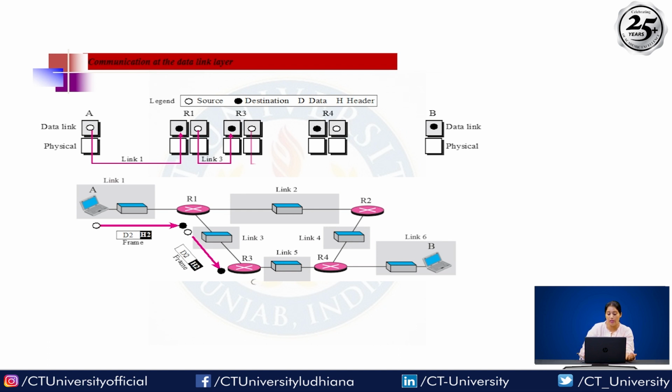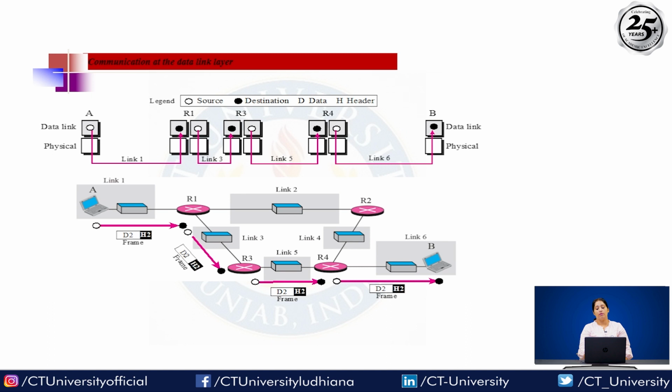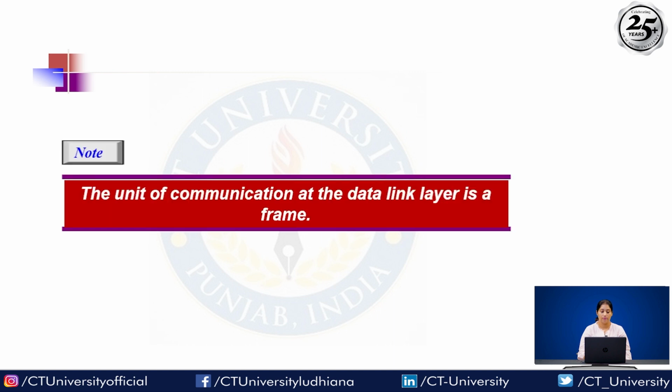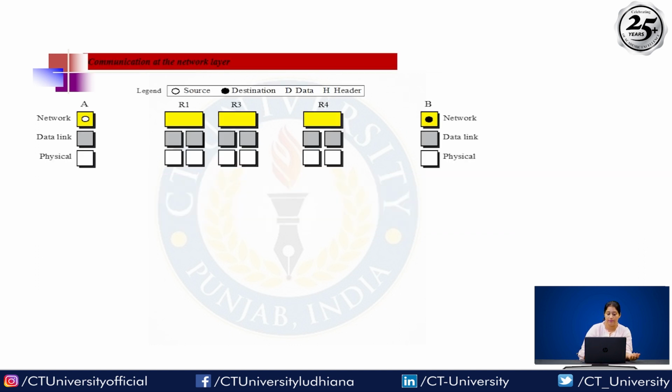It moves to router 3. Then D2 frame and header 2 move to H2, then to the particular device. From the previous one you can see that the data has its header. The unit of communication at the data link layer is a frame. The unit of communication at the physical layer was a bit.